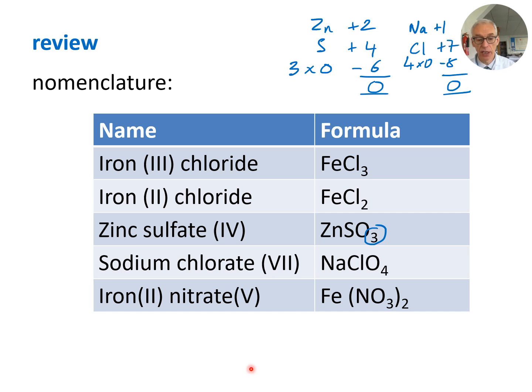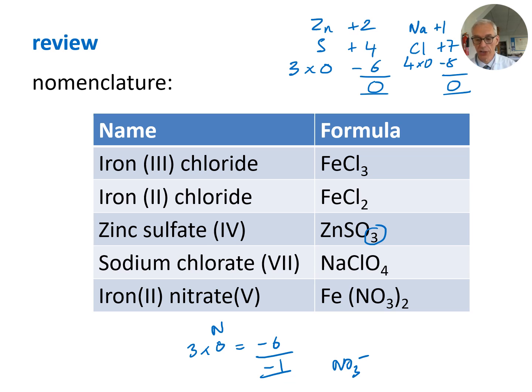On the last one, we have 2 elements, iron and nitrogen, whose oxidation states can vary. So if we look at the nitrogen to start with, we've got nitrogen and 3 oxygens. The nitrate ion is going to sum to -1. So we should know that NO3 minus is nitrate.